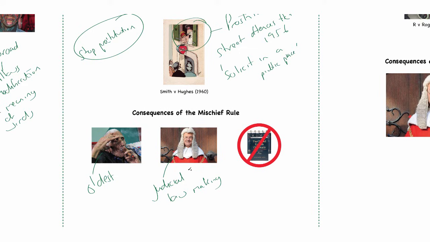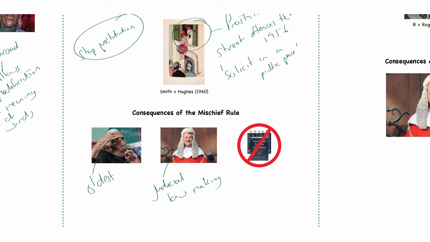It may not be the case that that's what Parliament intended, but it certainly is going to be what the judge thought Parliament intended. And therefore, laws can be changed on the basis of what a judge thinks.